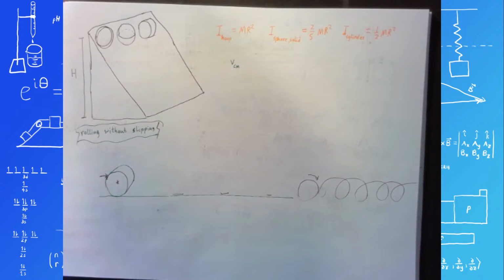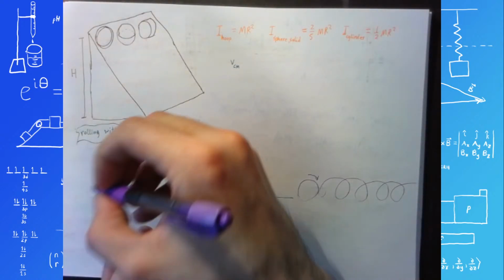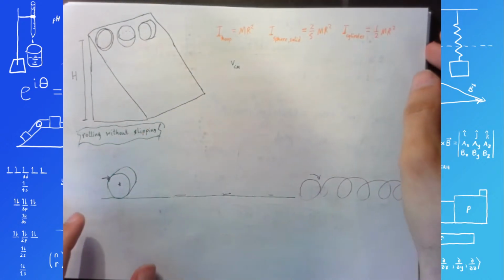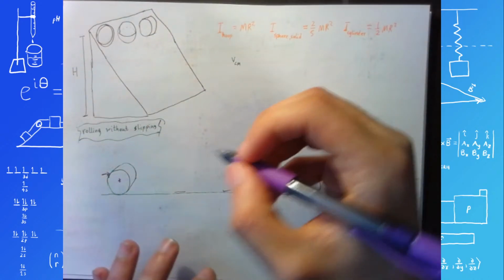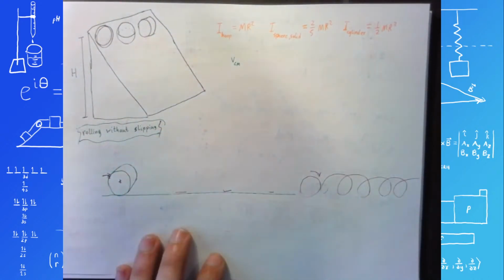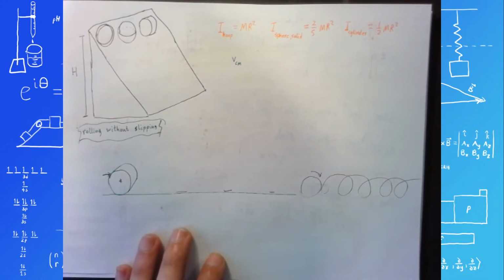But rolling without slipping occurs when the object's center of mass, let me use a different color for this. Let's do this one.